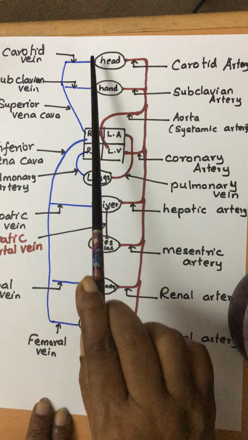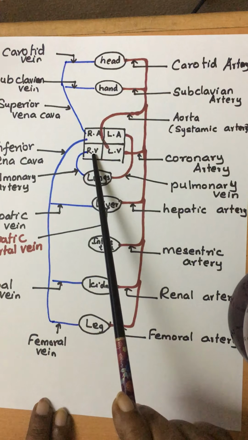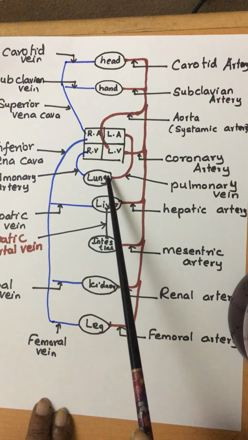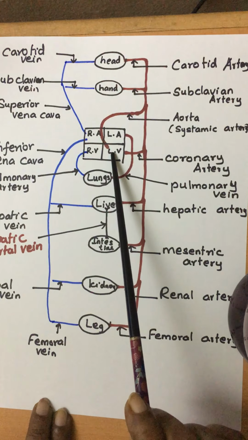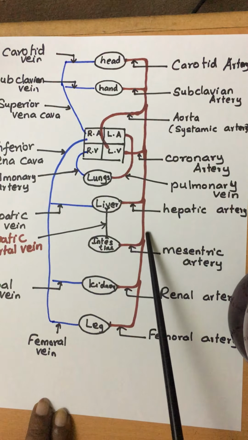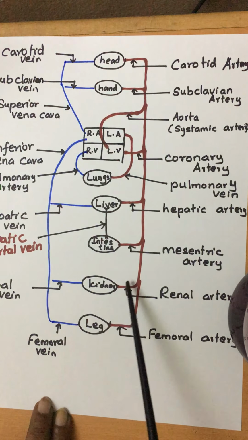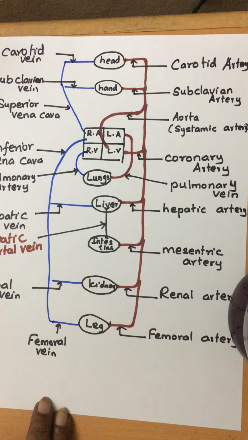It won't go anywhere else, straight away superior vena cava, right atrium, right ventricle, pulmonary artery to the lungs, purified here, then pulmonary vein to left atrium, left ventricle, then aorta, and the aorta comes down straight away, femoral artery, leg. The blood won't flow anywhere else. This is the common path to the leg. So this is the way blood flows through the body.